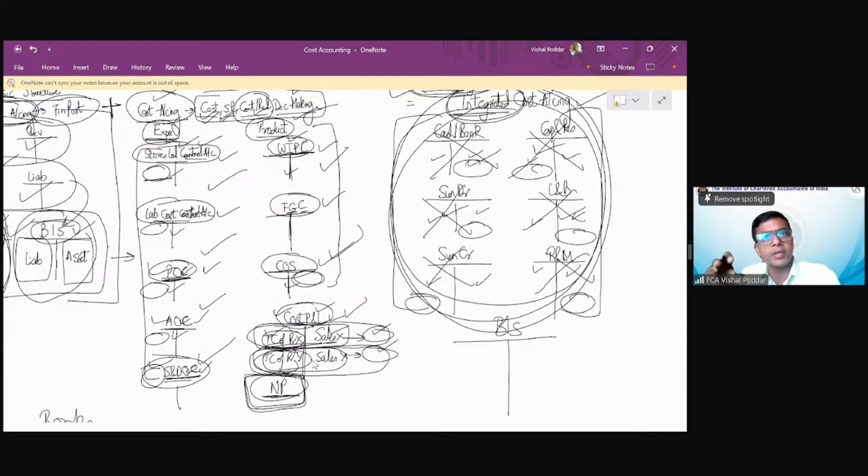Now, what is the difference if you are following integrated? With these accounts, you also prepare separate asset and liabilities accounts. This is what we understood.